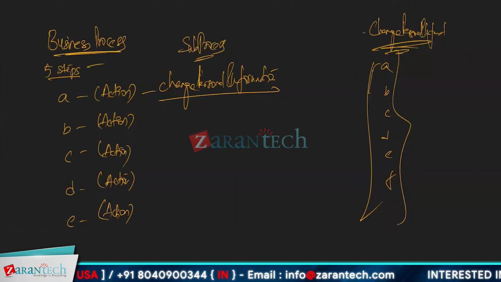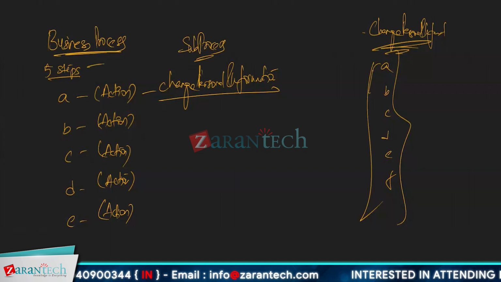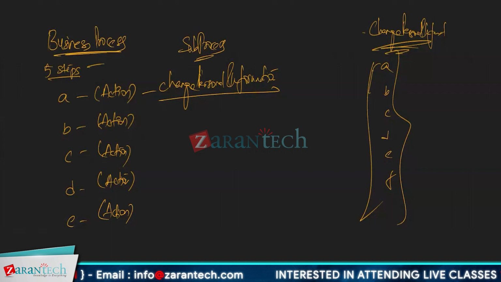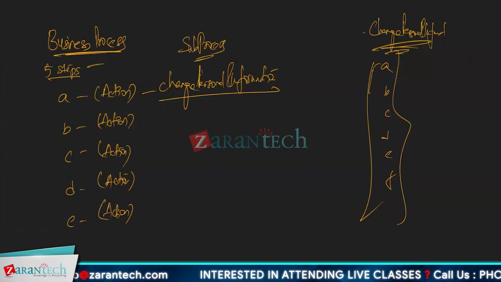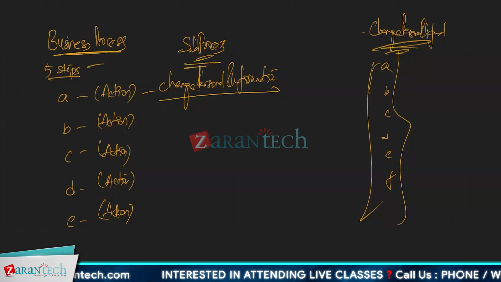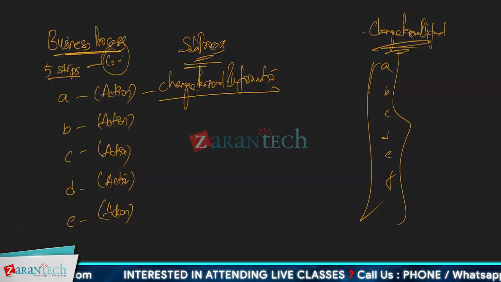Okay, so what that means is you can have different business processes as a part of another business process as a sub process. So change personal information is a sub process to the contract contingent worker business process.